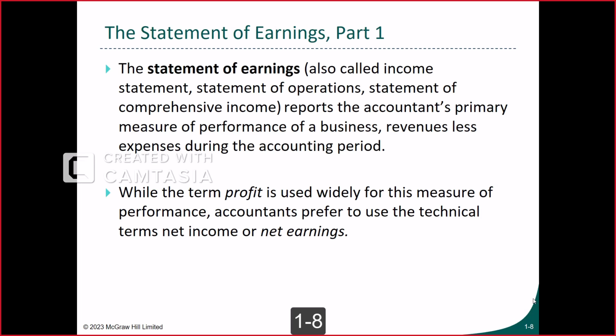What kind of revenues can we have for a company? Basically, the sales revenue. That is the biggest part of any company. They are here to sell.